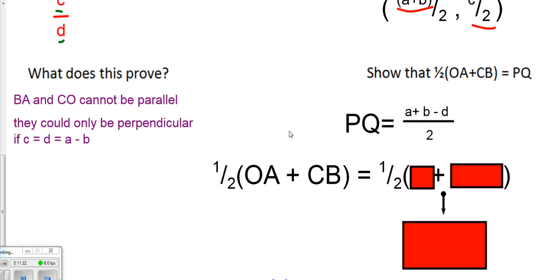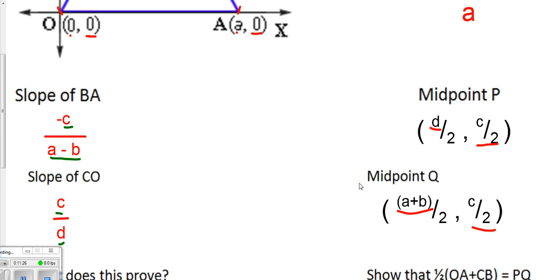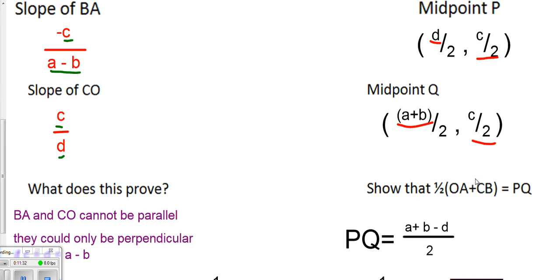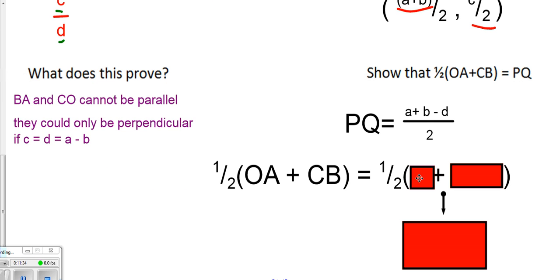Now we also need to find half of OA plus CB. Well, those ones we already found. CB was b minus d, and OA was just the length a. So OA, we just plug in the value of a. CB, we plug in the value b minus d.